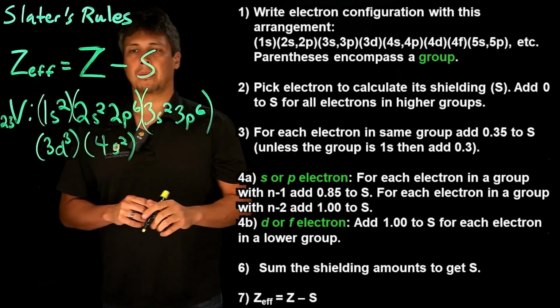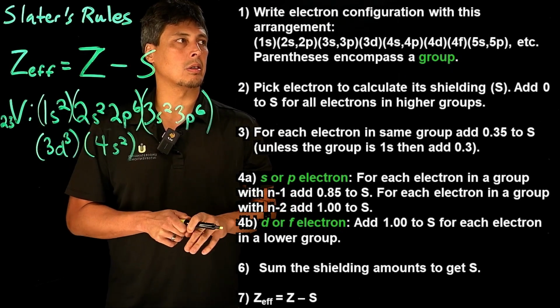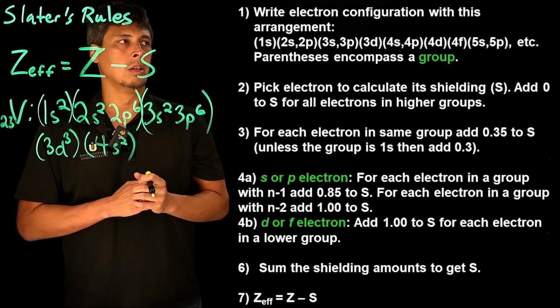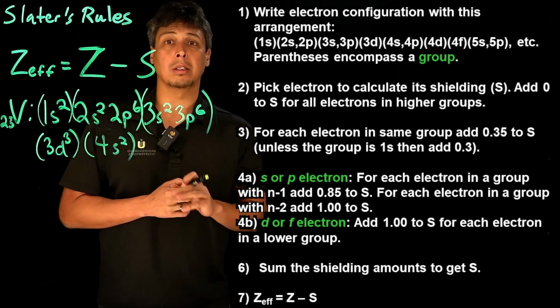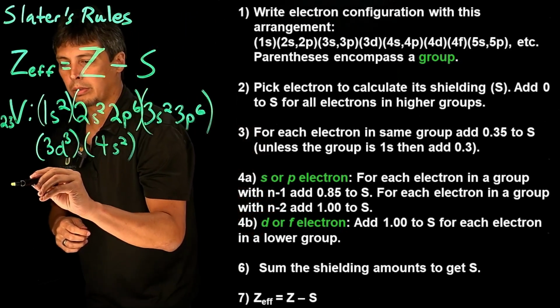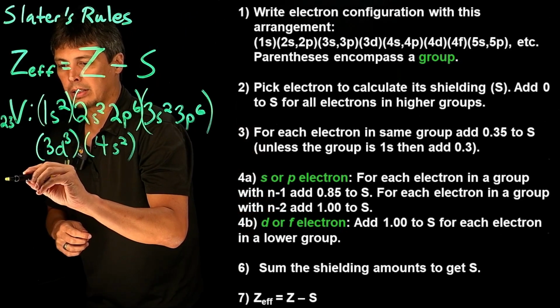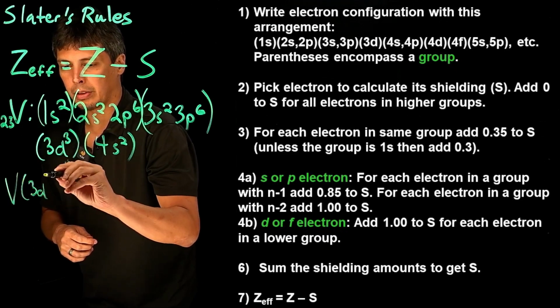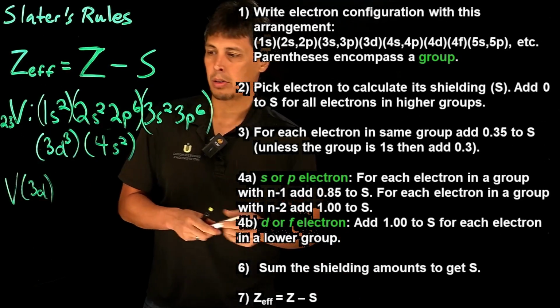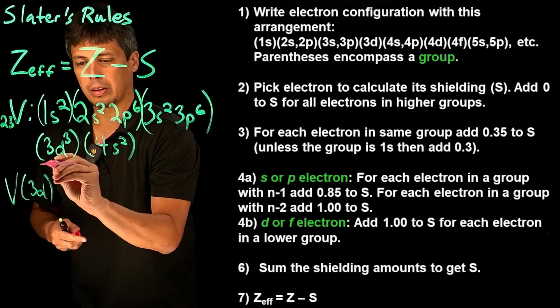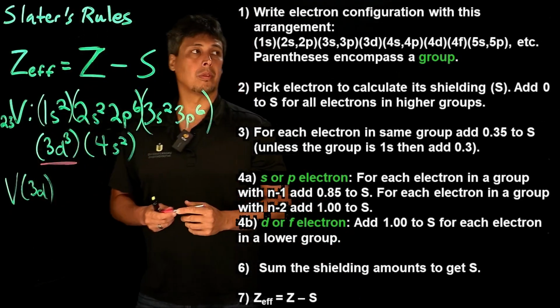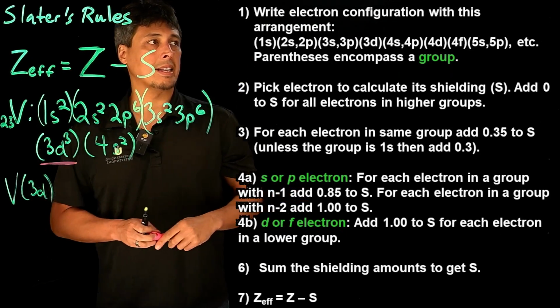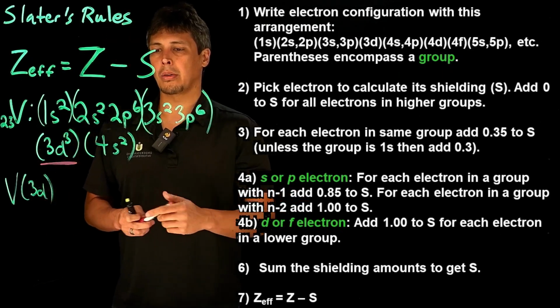All right, so now that we've done this, we can look at number 2. We're going to pick an electron to calculate the shielding for. So let's say we want to determine the Z effective for a 3d electron. I'm going to circle this electron here. And so what we're going to do is add 0 to S for all electrons in higher groups.